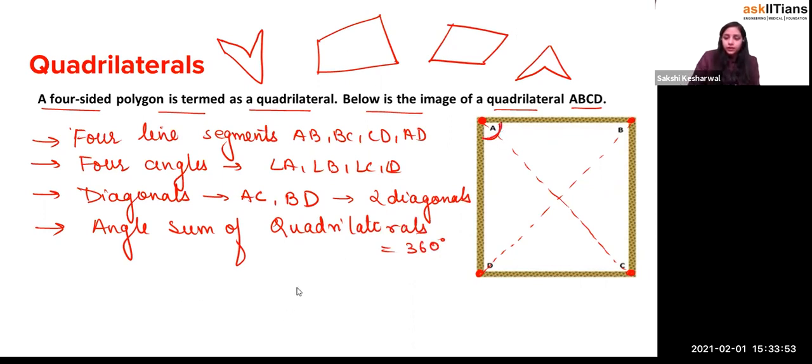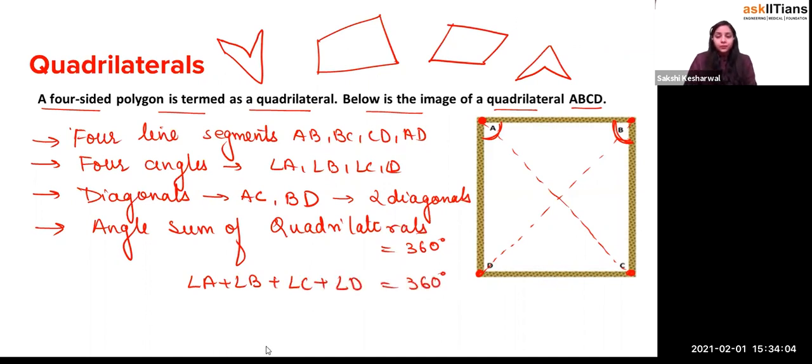This angle A plus angle B plus angle C plus angle D is equal to 360 degrees, right? Why?